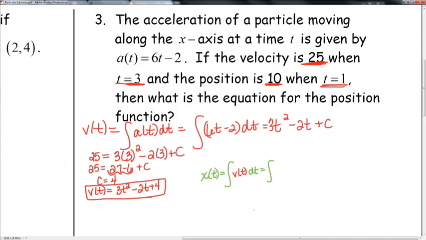Which is the antiderivative of that 3t squared minus 2t plus 4. That whole thing is multiplied by dt. And so I'm going to take the antiderivative of that guy. And so that leaves me with t to the third minus t squared plus 4t plus c. And that is equal to my position function x of t.